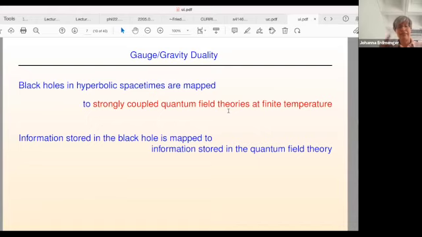Then I have a gravity theory with a black hole that automatically, by the argument I have just given, corresponds to the field theory at finite temperature. But this is just a mathematical construction, because my black hole is in an anti-de Sitter space. It's not a real black hole. I just have a gravity theory in which black holes in anti-de Sitter space are solutions to the equations of motion.